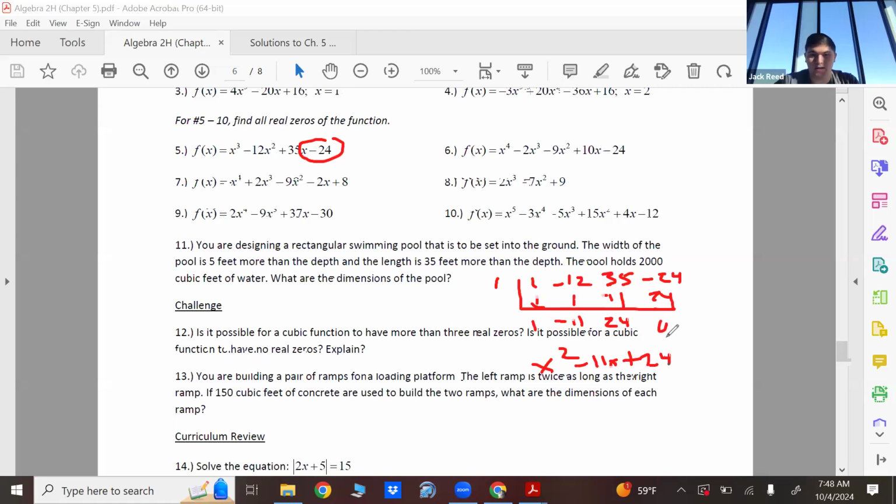Factors of 9, you could just get 1 and 9, 3 and 3. Yeah, 1 and 9, 3 and 3. So what I want you to do is do synthetic division again. Go and set it up.